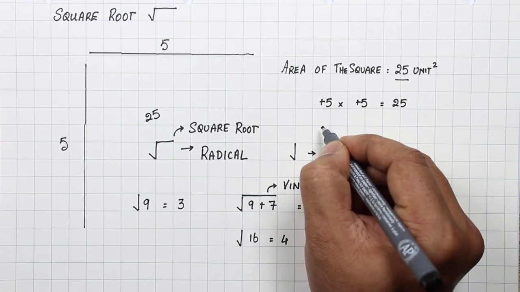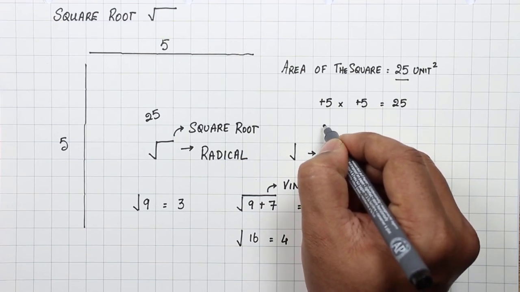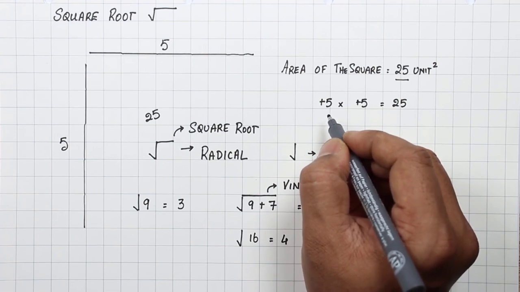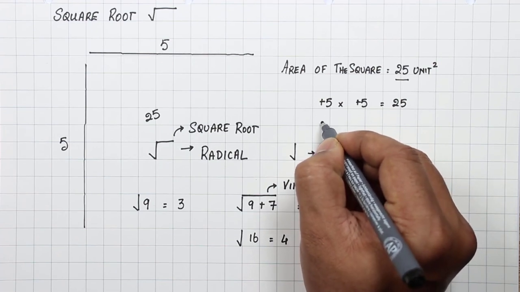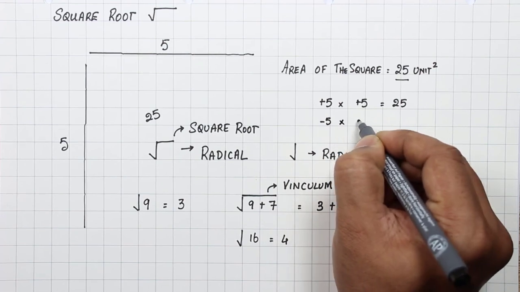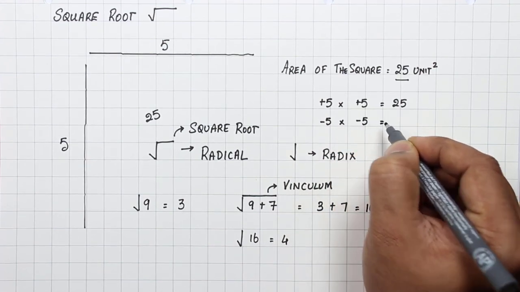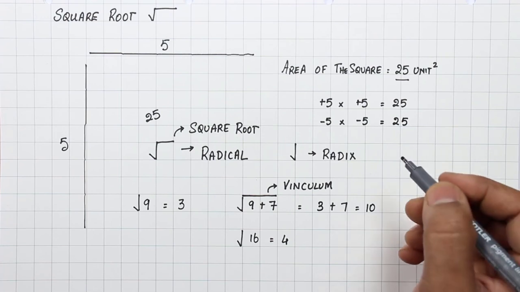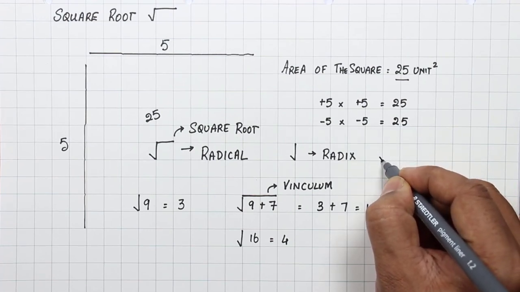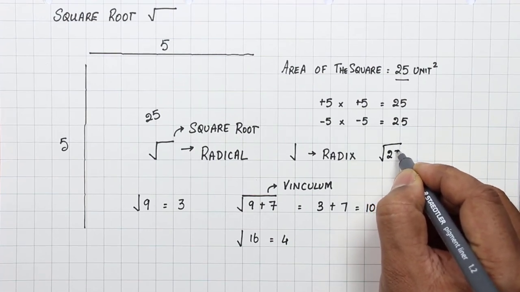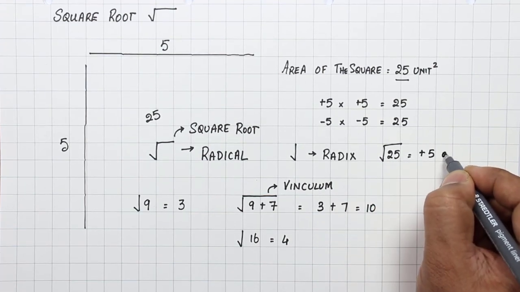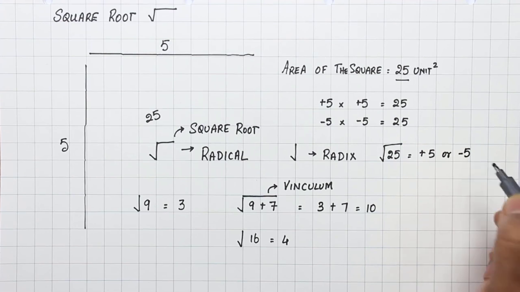Or even if you multiply two identical negative numbers, minus 5 times minus 5, that is also 25. So if you want to find the square root of 25, it could be plus 5 or minus 5.